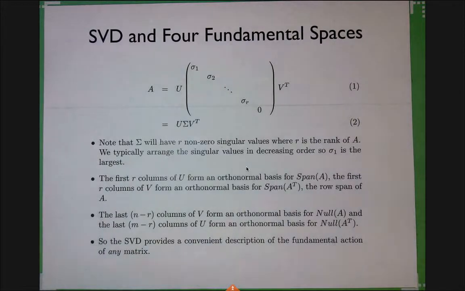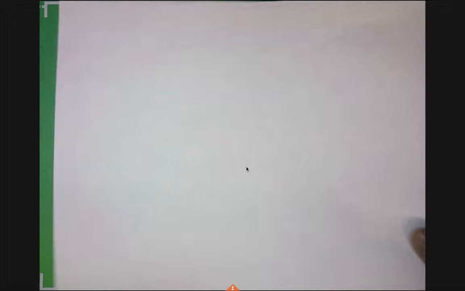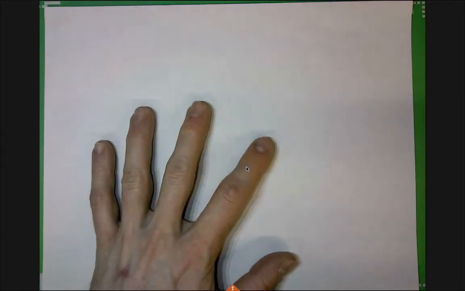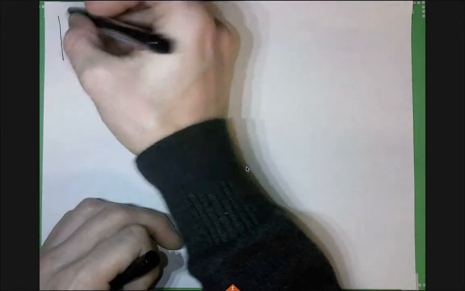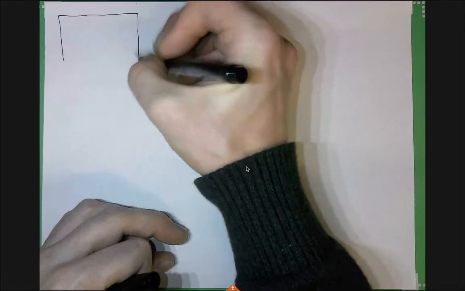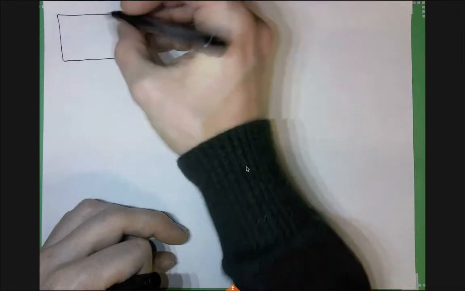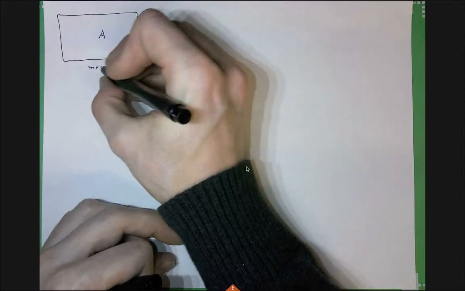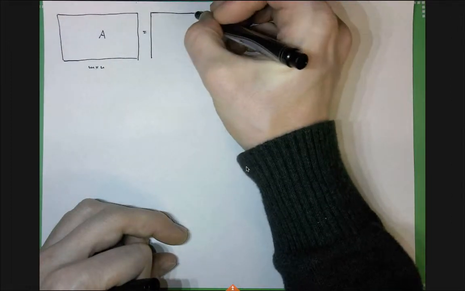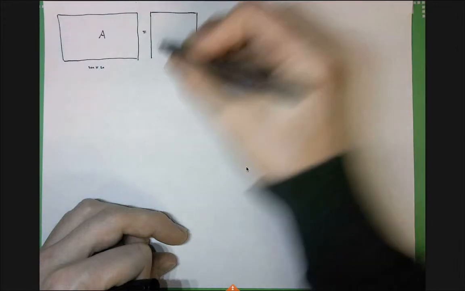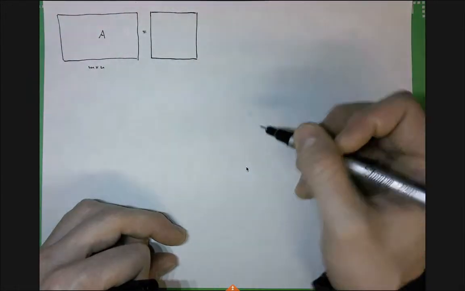So I would like to draw a diagram, which I think is much nicer than just saying it like this. So let me write a graphical example of this. If I have a matrix A, which is like this, this is A. It's an m by n matrix, and it splits into U. It's actually a good exercise to try to draw it by yourself, because then you have to think about the dimensions.